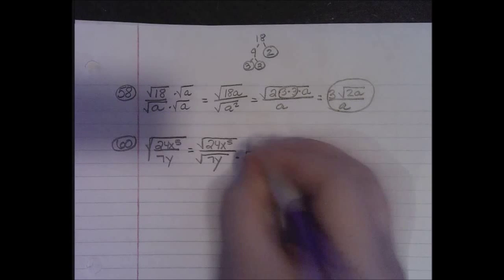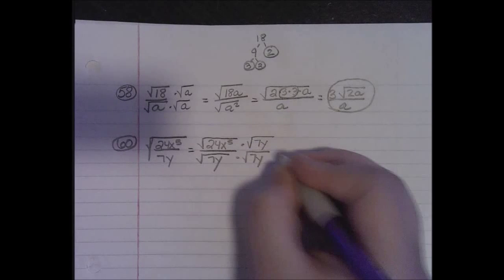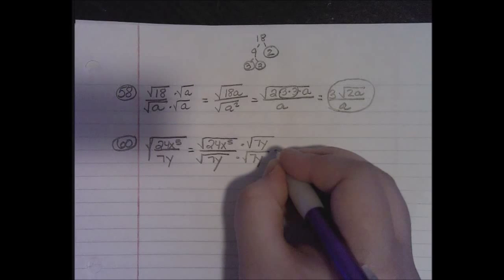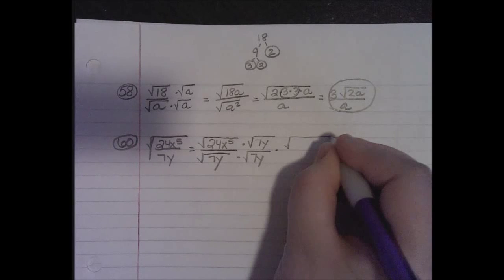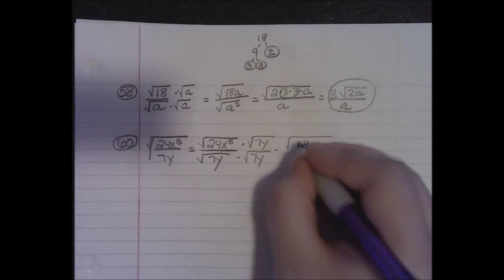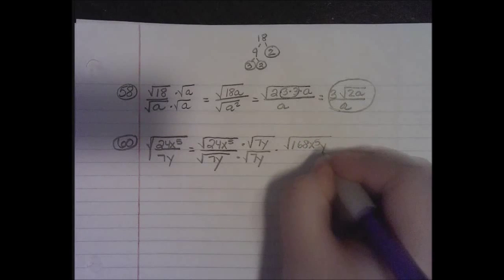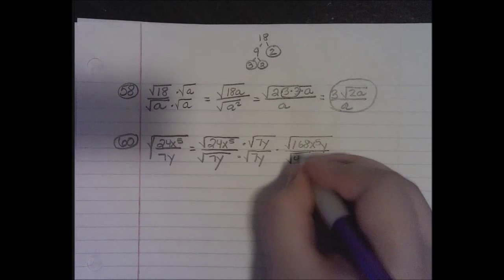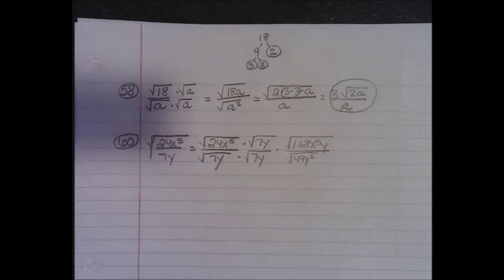Next, I'm going to multiply the numerator by the square root of 7y. Whatever you do to the top, you've got to do to the bottom. Same thing. So that's going to give us the square root of 168 x to the 5th y over the square root of 49 y squared.